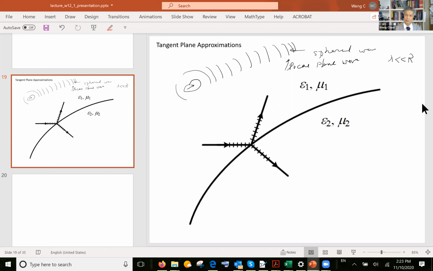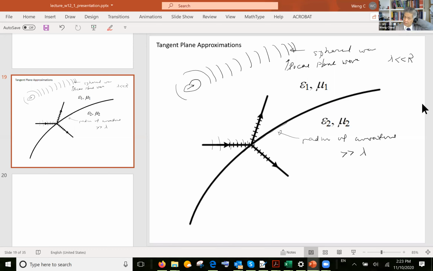And what is more wonderful is that a local plane wave, when it impinges on the surface, you can make what is called a tangent plane approximation, assuming that this wave is coming in, and the wavelength is so short compared to the radius of curvature here. This radius of curvature is much, much larger than lambda.